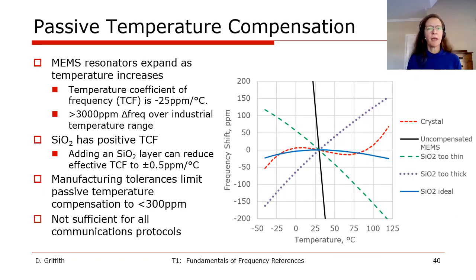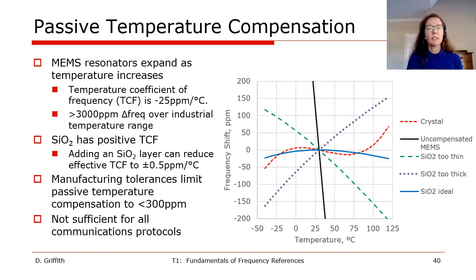Now let's talk about passive temperature compensation. Many materials used in MEMS resonators expand as temperature increases. The temperature coefficient of frequency, or TCF, is often around -25 ppm per degree C. So uncompensated, this gives more than 3,000 ppm frequency shift over the industrial temperature range, corresponding to the thick black line on the graph.